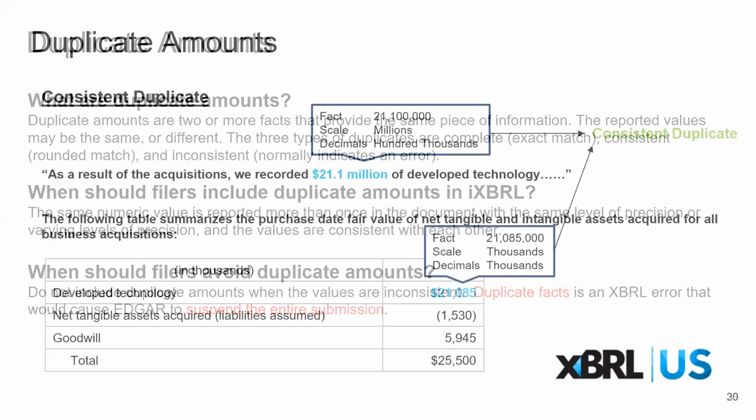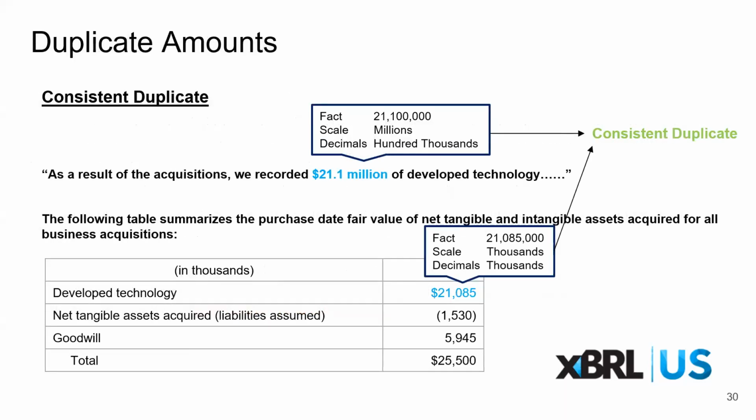We're going to look next at an example of what a consistent duplicate looks like. As I mentioned earlier, it's very common that documents include an amount multiple times, maybe in millions versus in thousands.